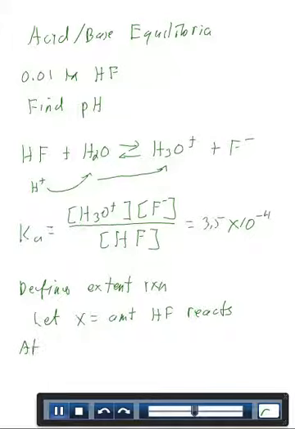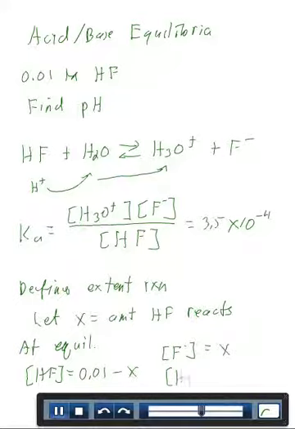So at equilibrium, the concentration of HF will be the starting concentration, in our case 0.01 molar, minus the amount that reacts. The concentration of F- will be equal to X, and the concentration of H3O+ will also be X, just like the equilibrium problems that we have worked before.